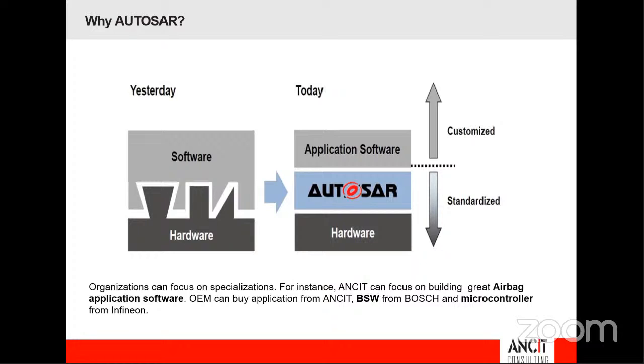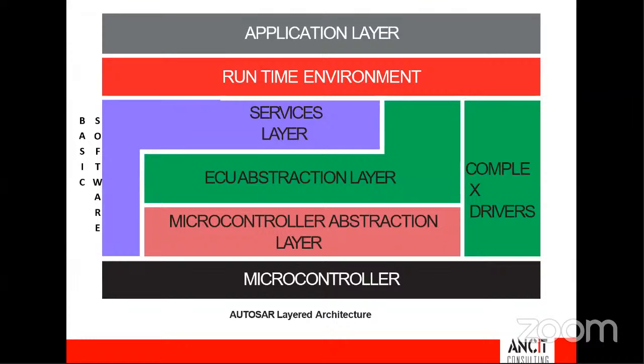That reduces the cost for the OEM and improves the efficiency and reliability of the code, because the application software goes through continuous evolvement over time. People don't want to waste the robust software built over years when there is a change in hardware. That's the simple reason why we move from a legacy architecture to the AUTOSAR architecture.